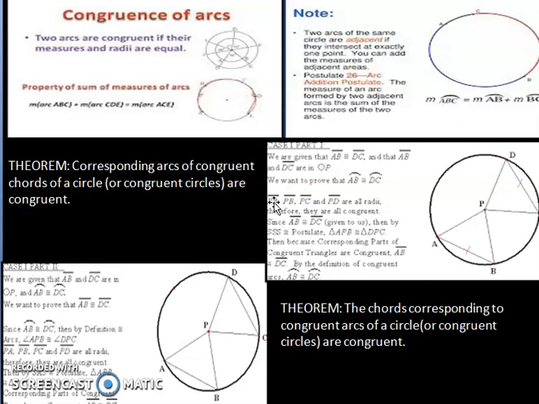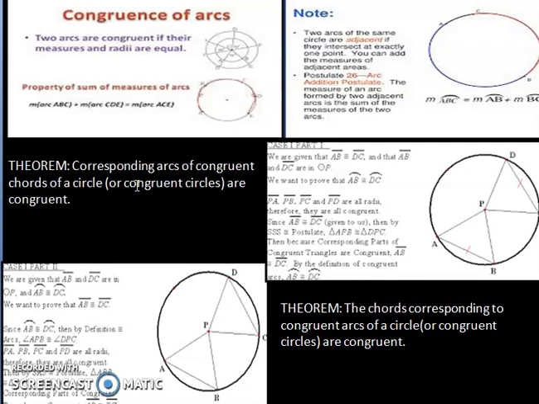Now come to the theorem. The first theorem: corresponding arcs of congruent chords of a circle or congruent circles are congruent. Here, what is given? Given that P is the center, and both chords are congruent.